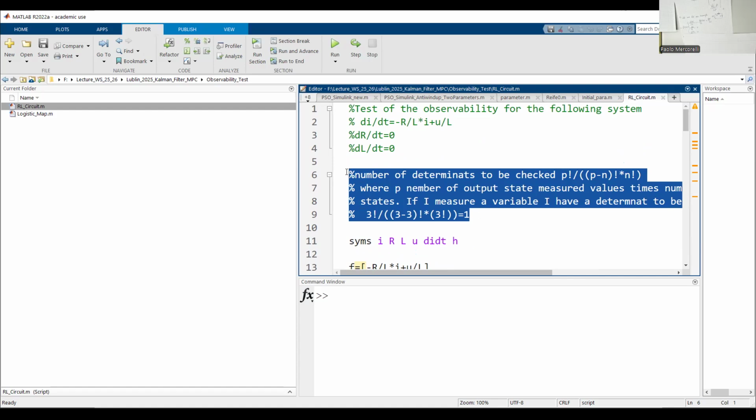The matrix which I presented now, this observability matrix, consists of the row O0, row O1, row O dot dot dot O n minus 1. In our case, we have O0, O1, and O2 because we have a system of 3 states. Starting from O0, we have 3 rows.